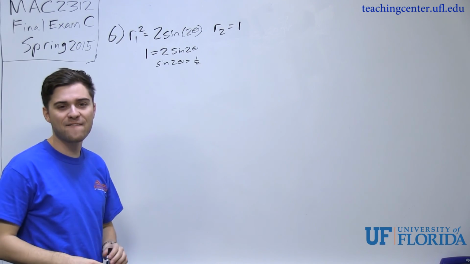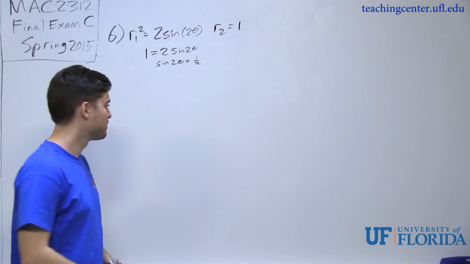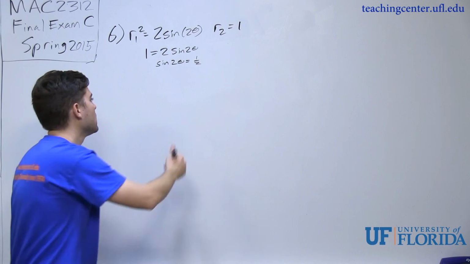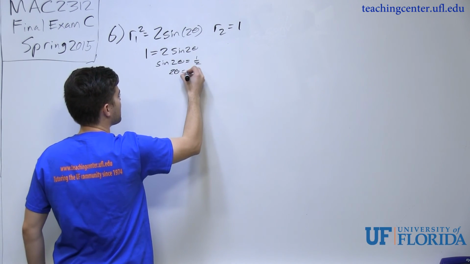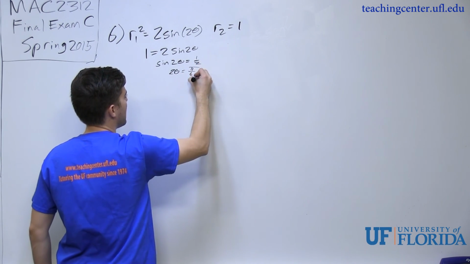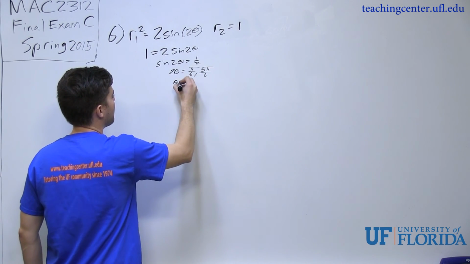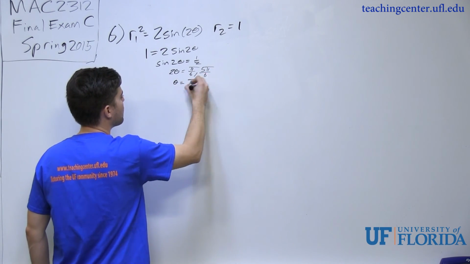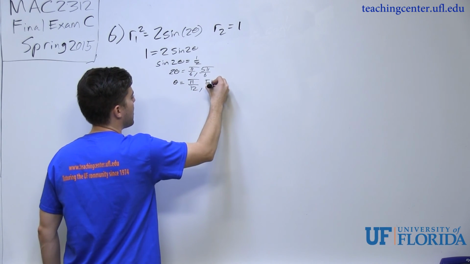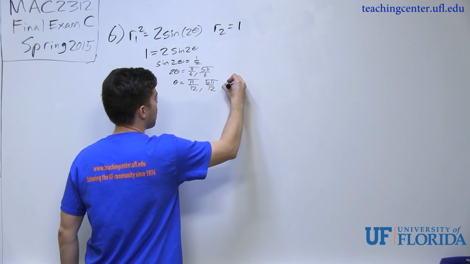Sine is 1/2 in the first and second quadrant, at least positive 1/2. So 2 theta is equal to pi over 6 and 5 pi over 6. So if I get my overall definition for theta, I end up getting pi over 12 and 5 pi over 12. So these are my points of intersection.